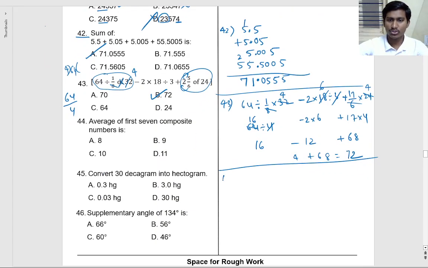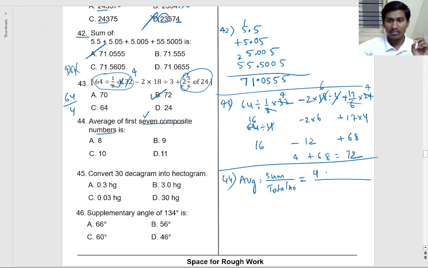Question 44 is: average of the first 7 composite numbers. Composite numbers, we know, start from 4. Average, we know, is the sum divided by the total numbers. So here the sum of 7 composite numbers. It starts with 4.